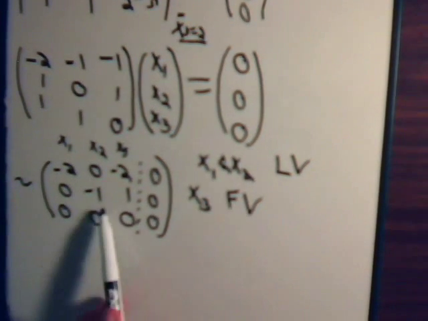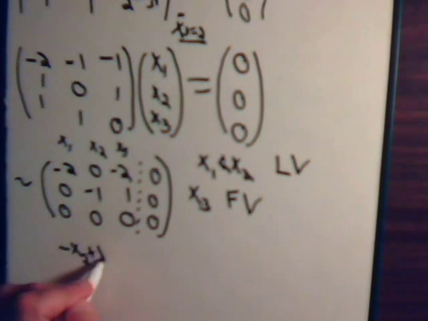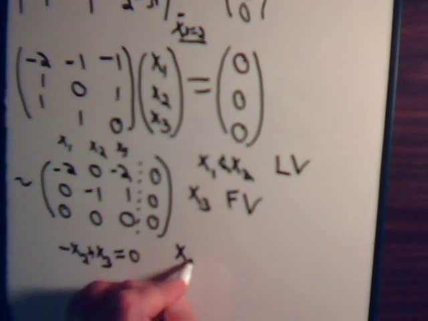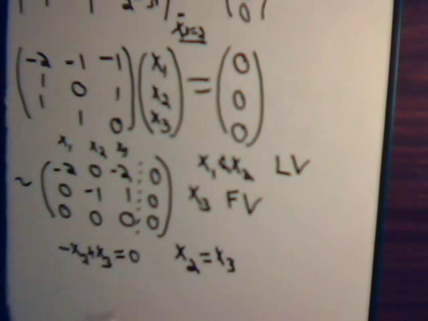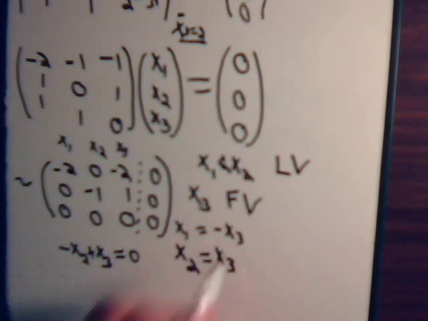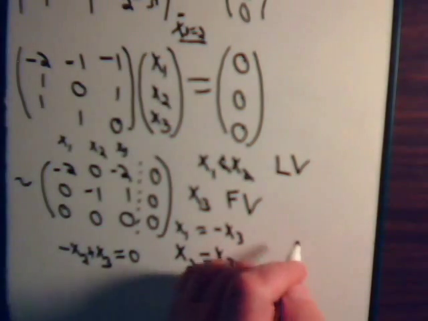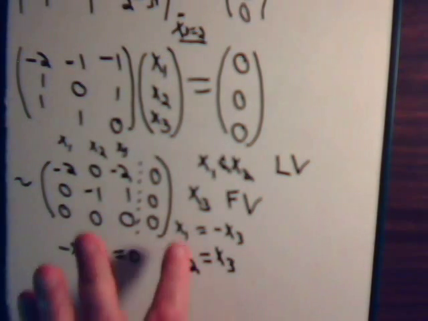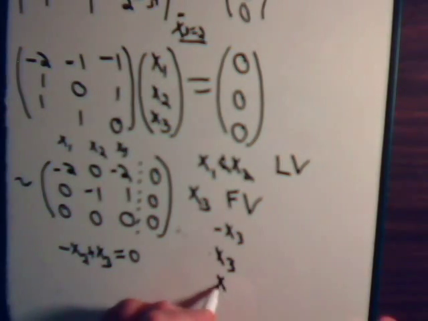And in here we see minus x2 plus x3 equals 0, so we have x2 equals x3, and then from our top equation we're going to have x1 equals minus x3. So x1 expressed in terms of the free variable is minus x3, x2 equals x3, and then we just have x3.